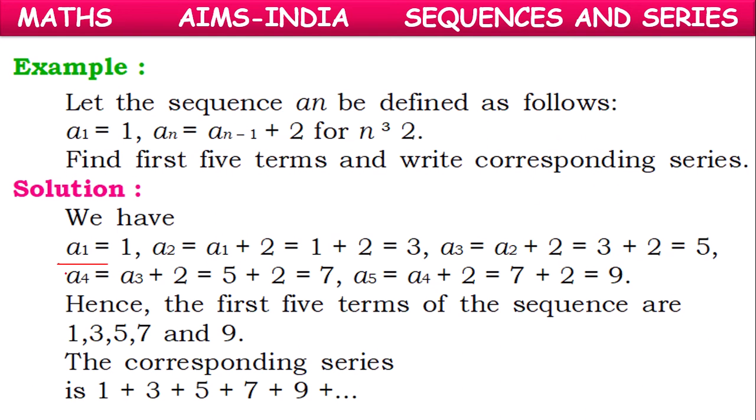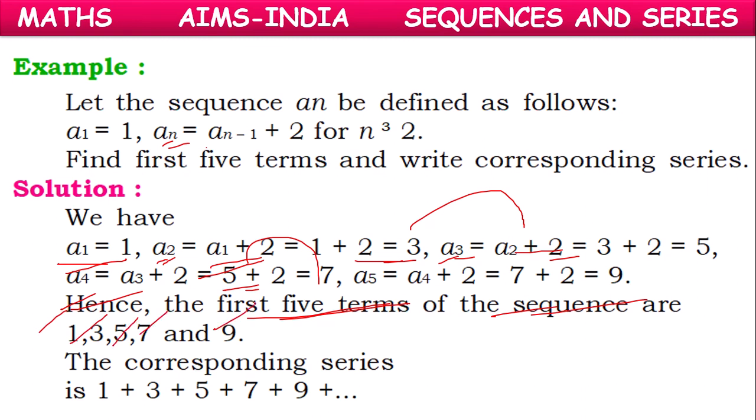A1 equals 1, A2 equals A1 plus 2, which is 3, A3 equals 3 plus 2, which is 5, A4 equals 5 plus 2, which is 7, and so on. So the first 5 terms of the sequence are 1, 3, 5, 7, 9, and the corresponding series is 1 plus 3 plus 5 plus 7 plus 9.